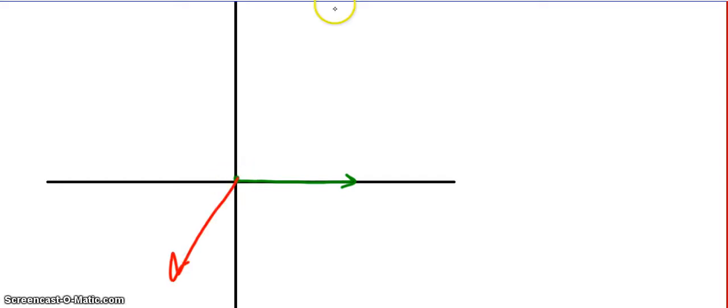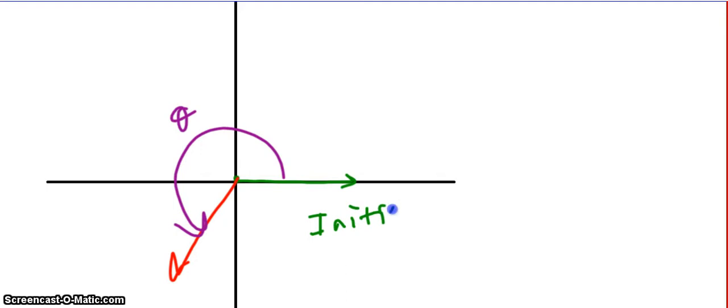So my angle could be this, where again, here's initial, and terminal.